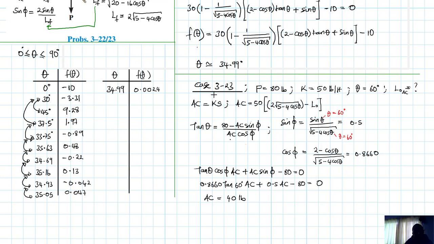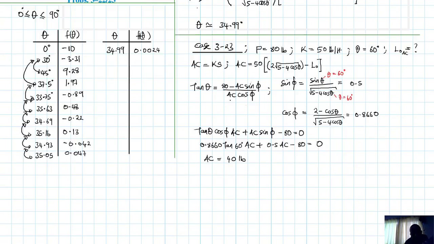Since we have AC, we'll use this equation here. AC divided by 15 is just going to be equal to 2 root of 5 minus 4 cos theta minus this.